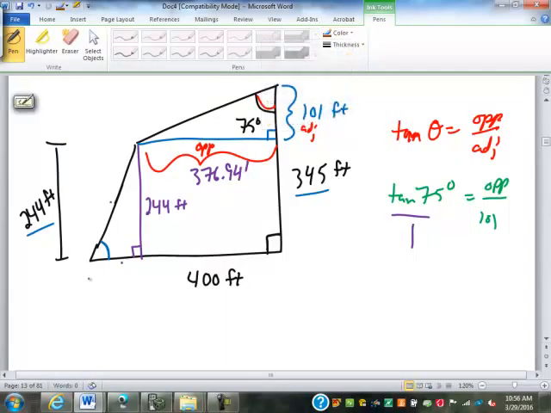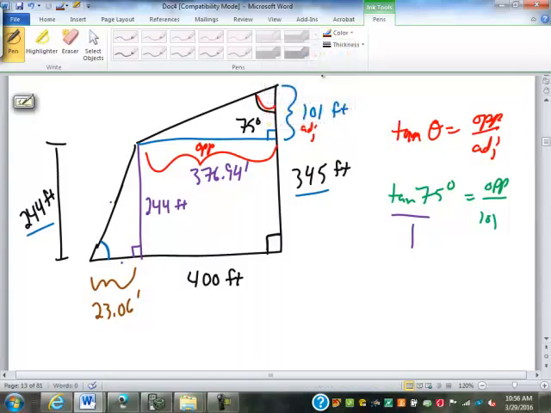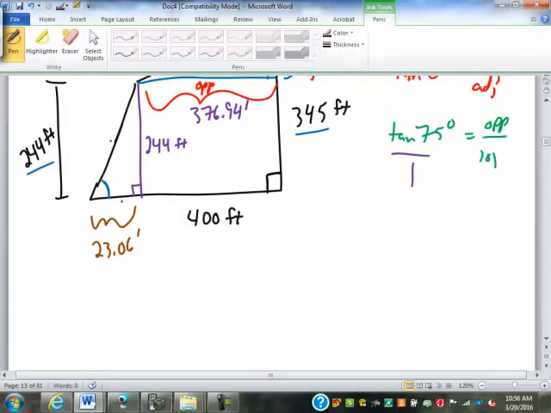So what does that mean? That means this distance is 23.06 feet. Now that we have that distance, if we're looking for this angle, we have the opposite side and the adjacent side. The tangent of an angle equals opposite over adjacent still. We're going to go ahead and put in what we know. We are looking for the angle.